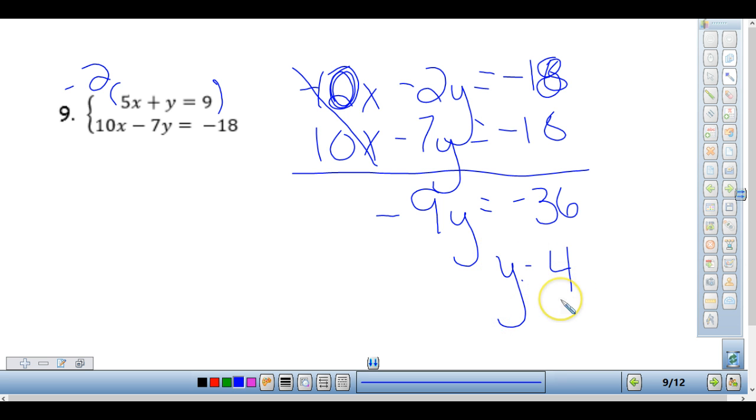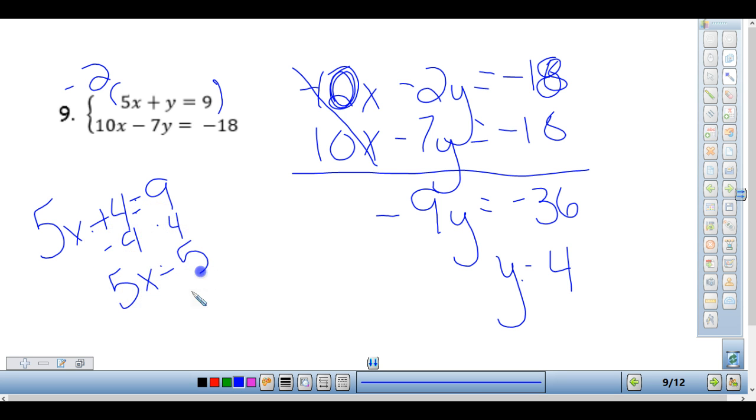Our y equals 4. Come back up here, 5x plus 4 equals 9. Subtract our 4. 5x equals 5. So x is going to equal 1. So we have (1, 4) as our answer to number 9.